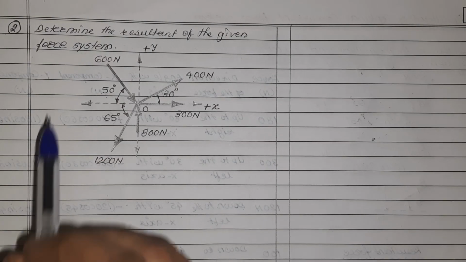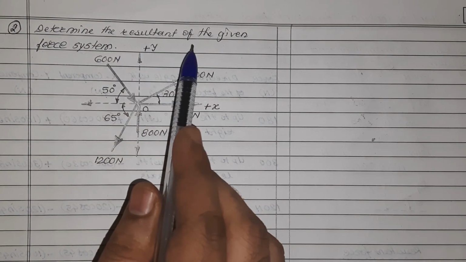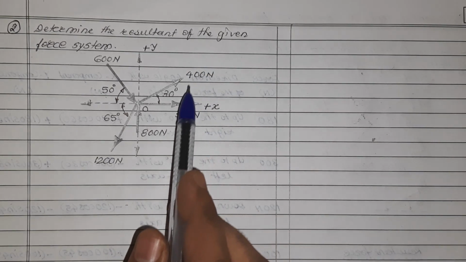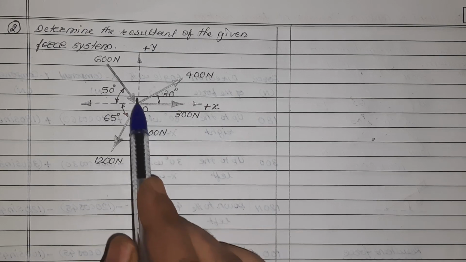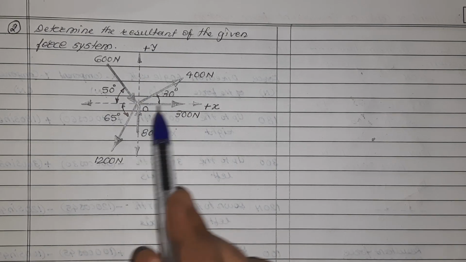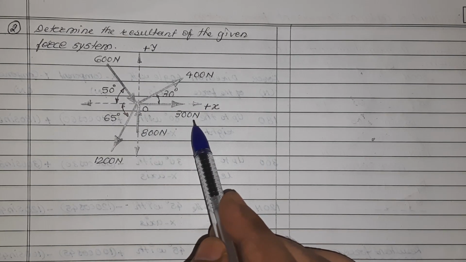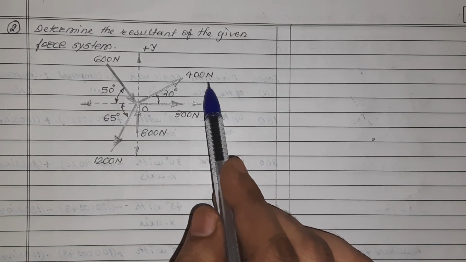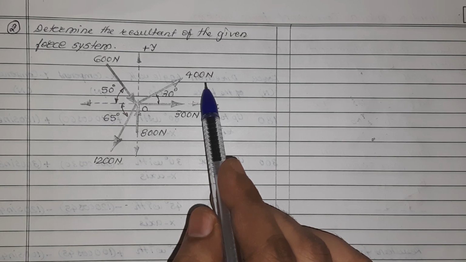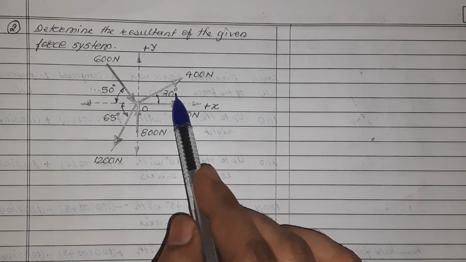Example 2. Determine the resultant of the given force system. Here in this force system, this is x-axis, this is y-axis. First force is 300 Newton, which is going rightward. Second force is 400 Newton, which is acting up to the right at 30 degree with horizontal.